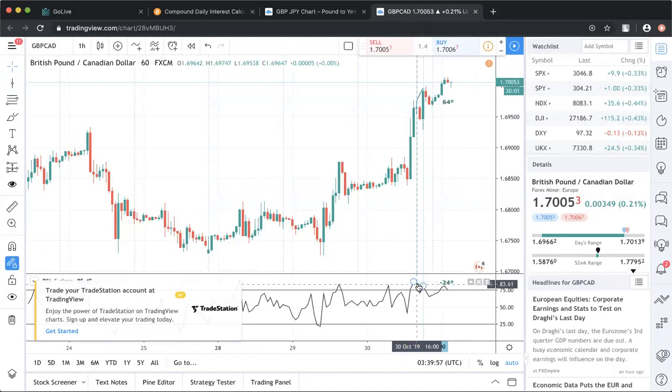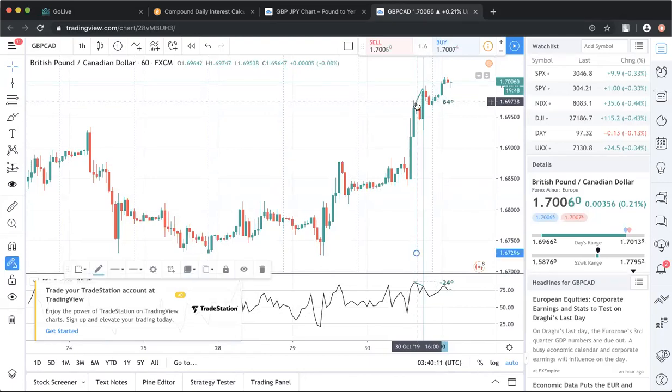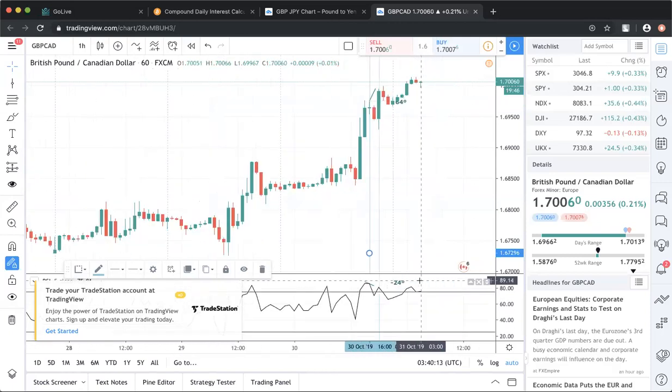So this is signifying a regular type of divergence. It's the first picture on that chart where it shows price going up and the indicator going down.